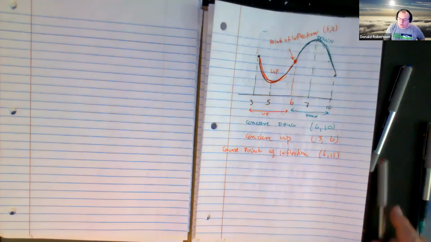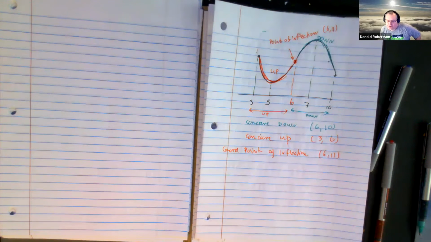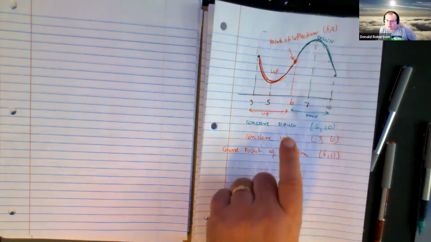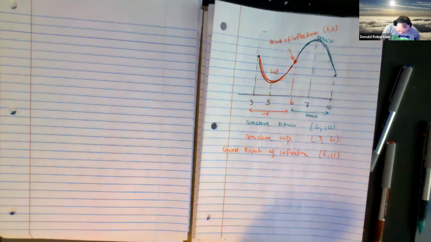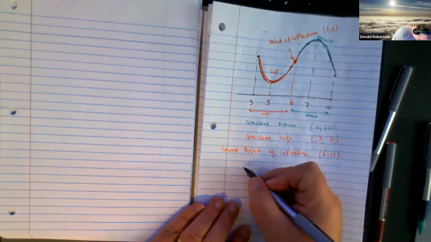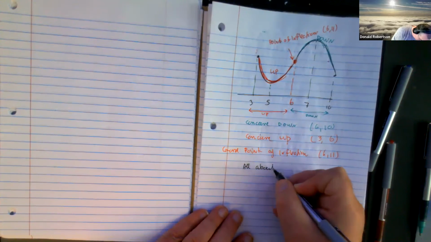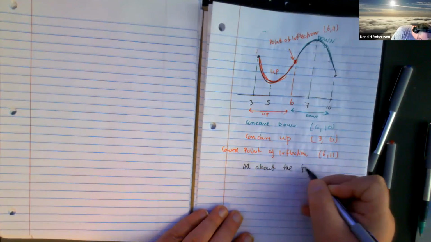Now you might wonder how calculus is going to do that job. We know how calculus can tell me increasing, decreasing, local max and min, right? That's what we've been doing today. But how does calculus tell me this? And what might surprise you is it's all about the second derivative.